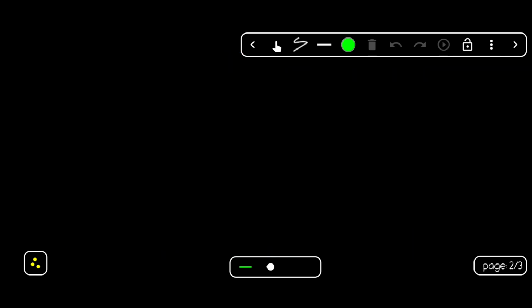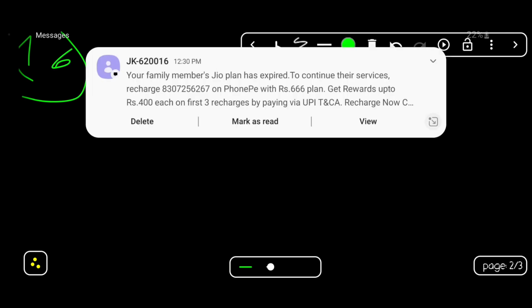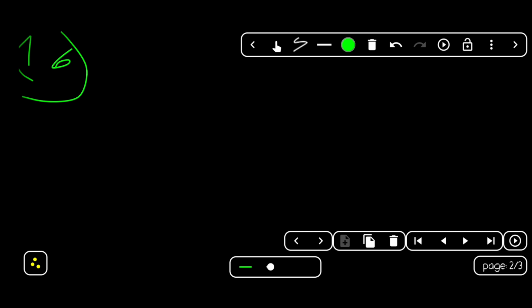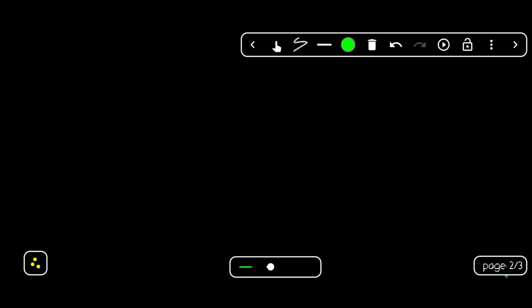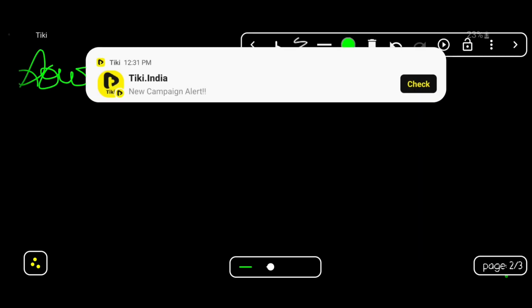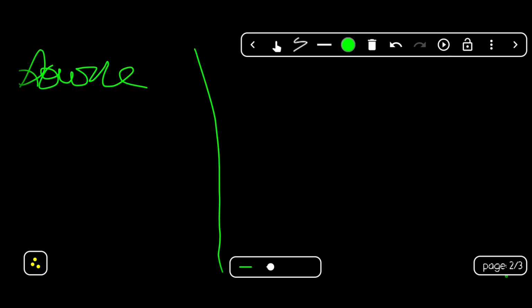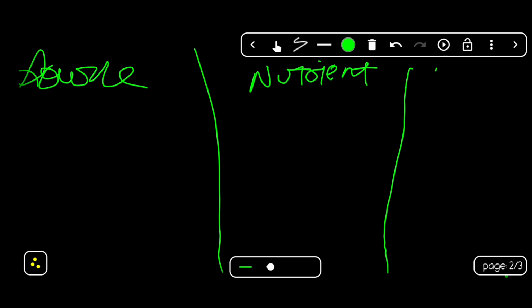We are first studying about the sources of nutrients and their types.